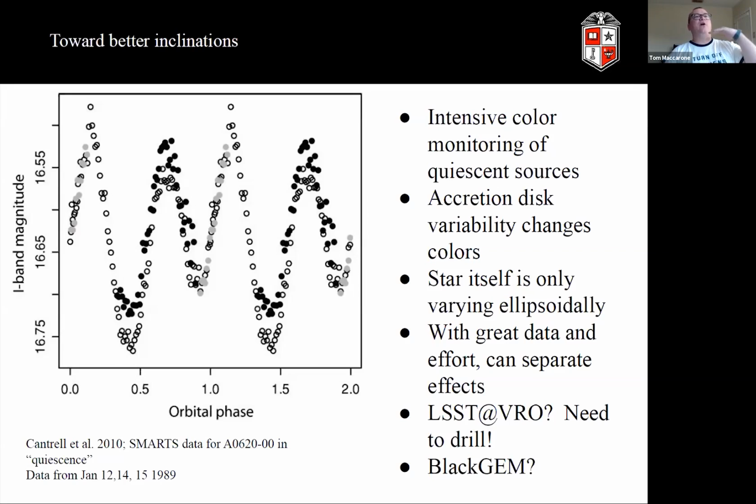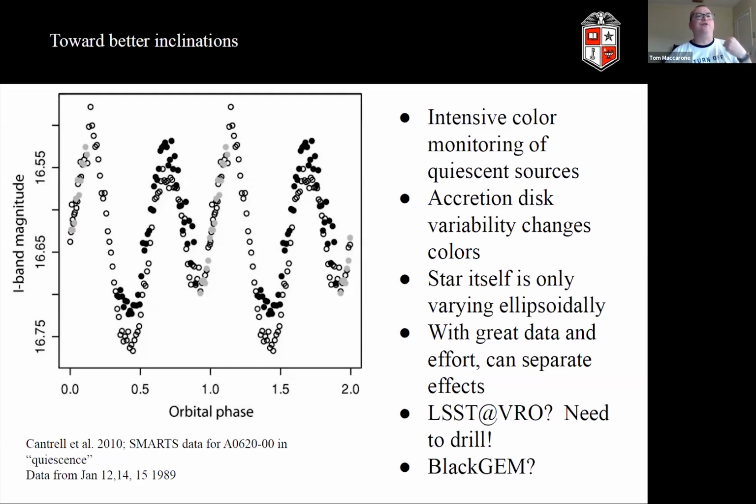And it does that in a way that also changes the amplitude of the ellipsoidal modulations from the donor star. Right, so he found that he could basically fit a model where he put in the ellipsoidal modulation from the donor star as one parameter, and then he could fit the accretion light with a bunch of other parameters, and he could get a self-consistent value for the inclination angle due to the ellipsoidal modulations. Right, and so he was able to do this because he had decades of data with very high cadence for the measurements, and many colors taken quasi-simultaneously, so basically right back to back.